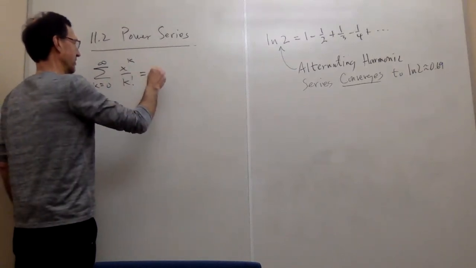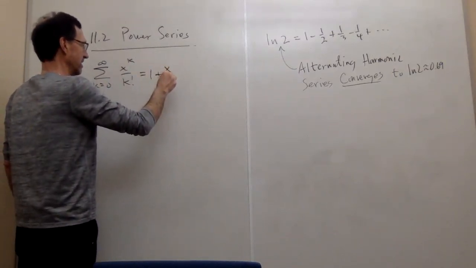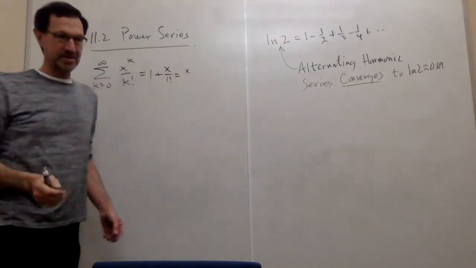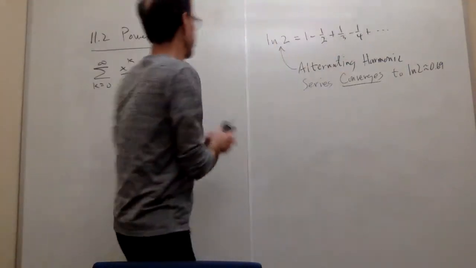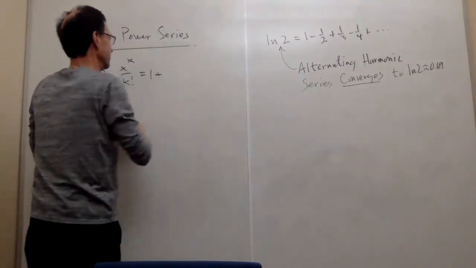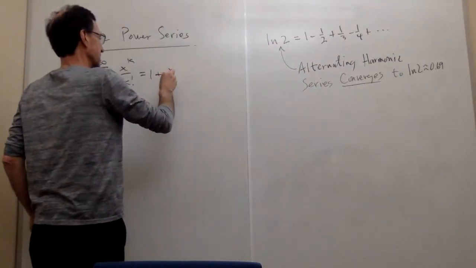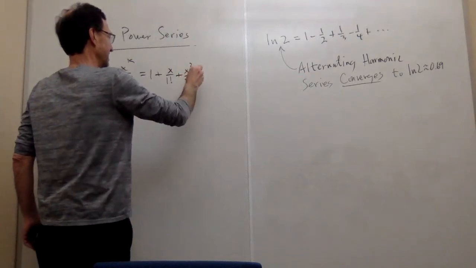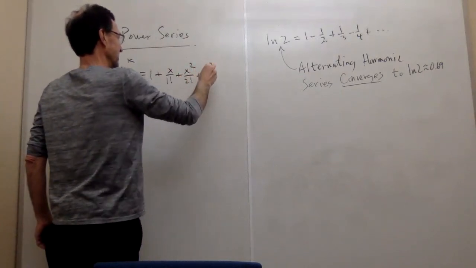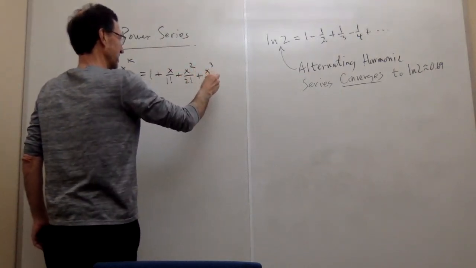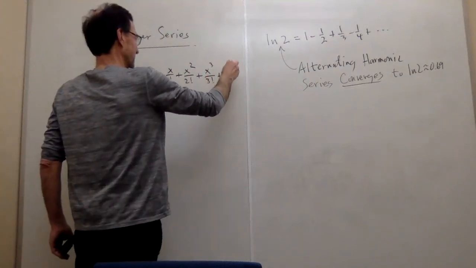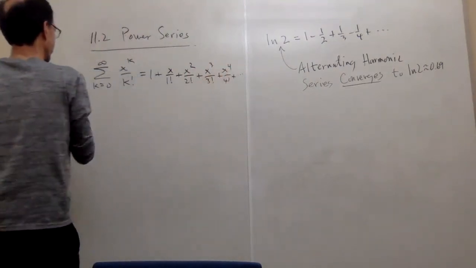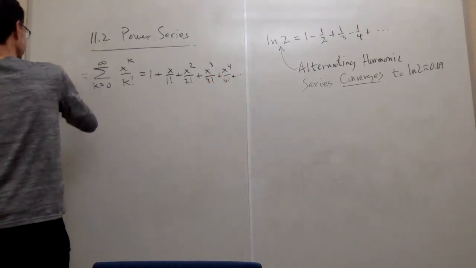When k equals 1, we get x over 1 factorial, and then we get x squared over 2 factorial, plus x cubed over 3 factorial. I won't do any arithmetic, I'll just write out what's going on. The factorial doesn't really do anything till here. We'll write out one more, and so on. So we're wondering, what function is this?